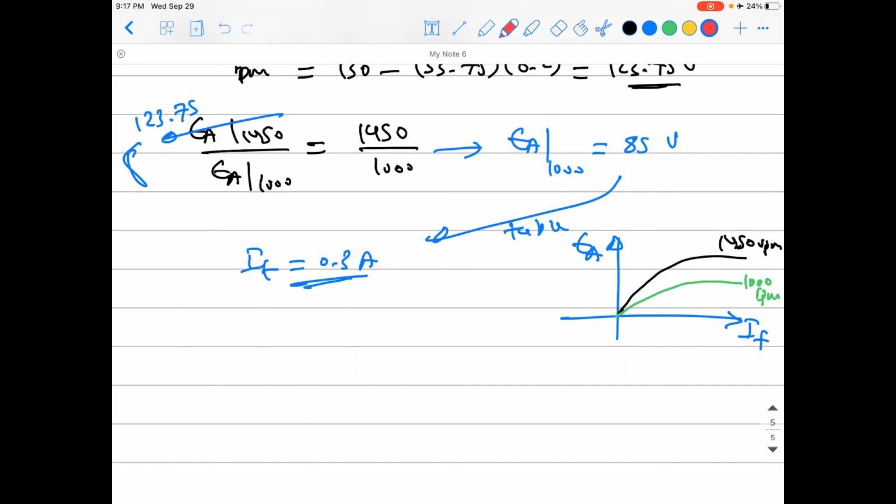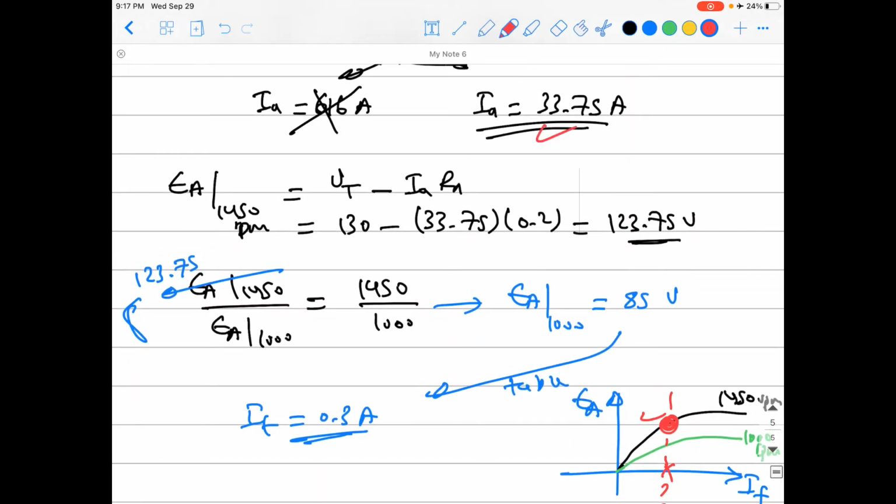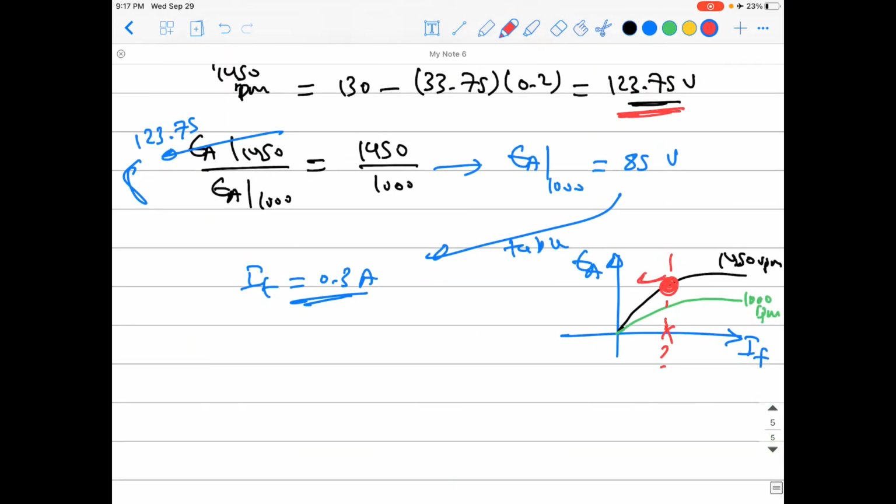So we need to find which value of I field we are working at. Okay, so what I did, we can find this value EA at 1450 from our calculation, because we know IA and we know for this value, which is 33.75, we just calculated, so we can use this equation to find EA at 1450, this point.